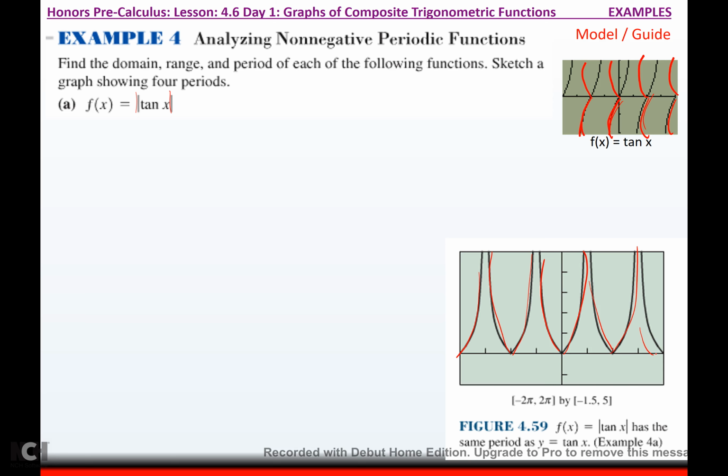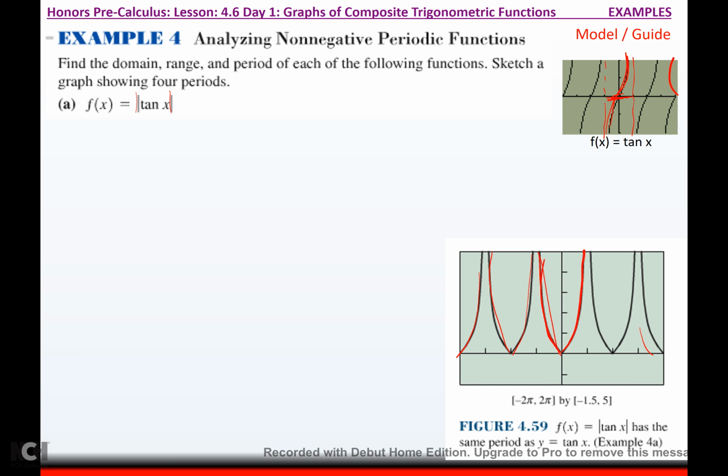Anyway, so we have the same period because if you notice, one period of tangent would be from negative pi over 2 to pi over 2, and that would be a value of pi. And you can see here, this goes from negative pi over 2 to positive pi over 2.